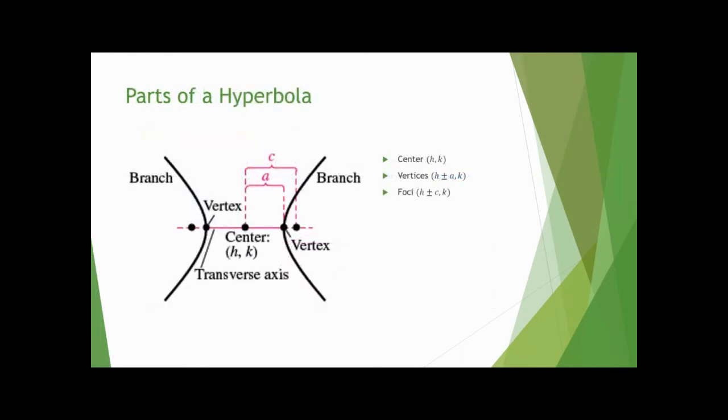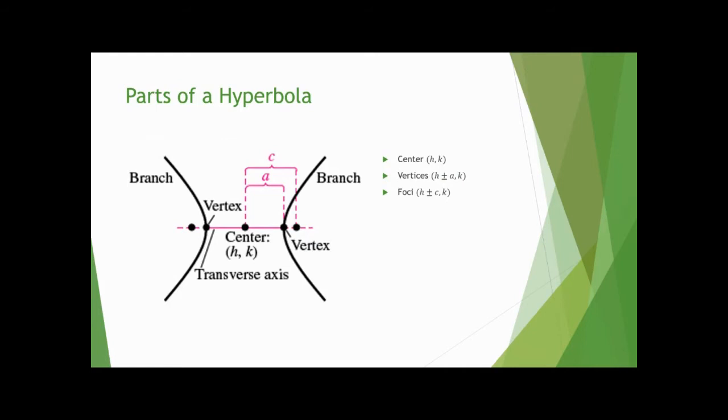So the parts of a hyperbola, we have the center, where we always use h comma k to represent the center. a is the distance from the center to the vertex, and the vertex is a point on the hyperbola, on the curve, basically. c is the distance from the center to the foci.